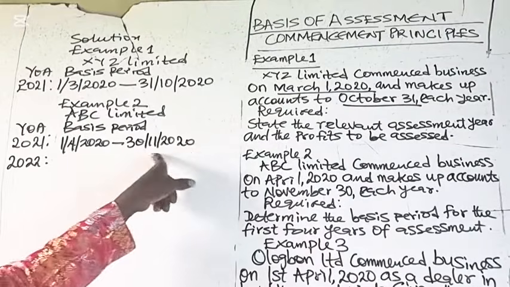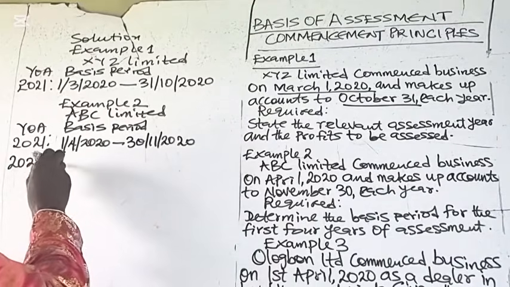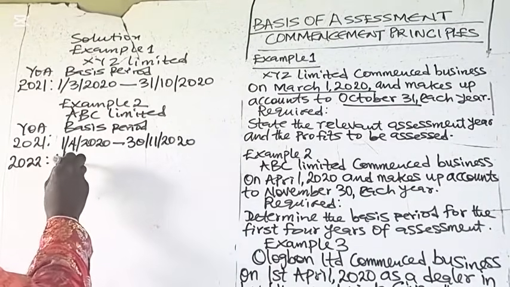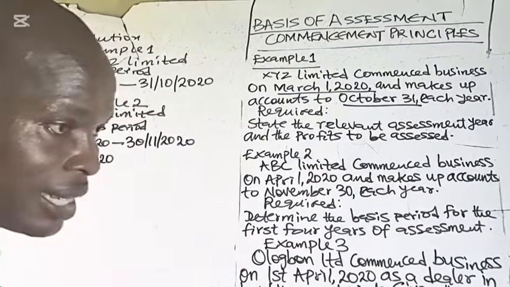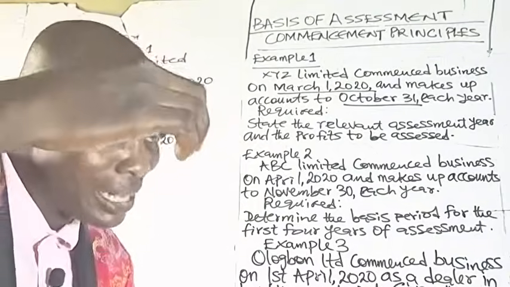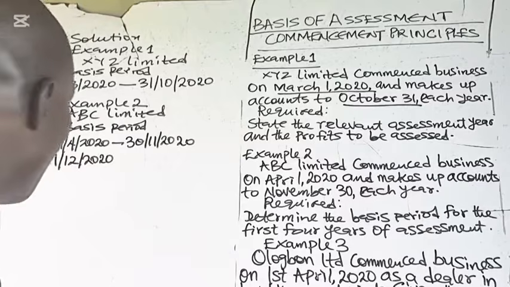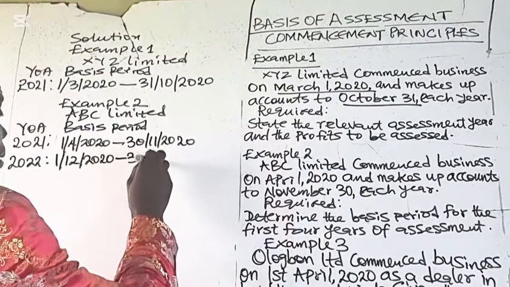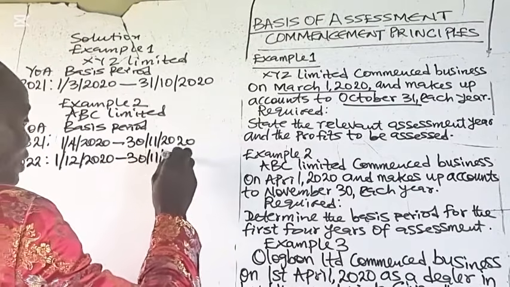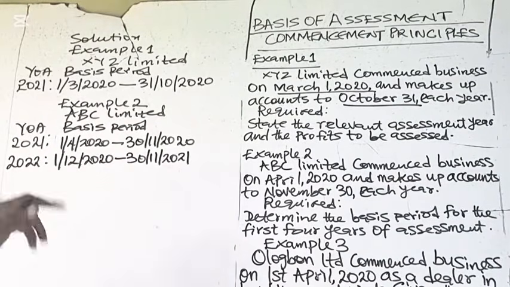The first day after that will be 1st of December 2020, to the end of the second accounting period, which is 30th of November 2021, PYB. So that is the basis period for 2022. It's still the preceding year basis.